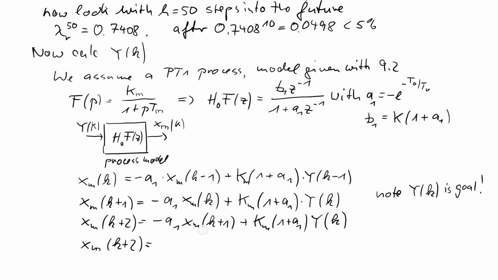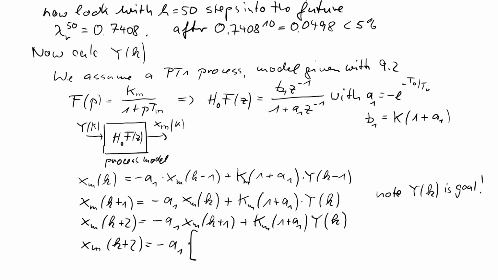So now it can be changed in that way that we can write xm k plus 2 is, and I replace now the xm k plus 1 with this expression. Look what happens. Then we get minus a1 times parentheses now followed by xm k plus 1.